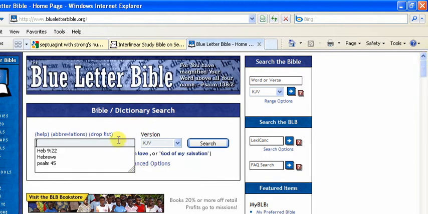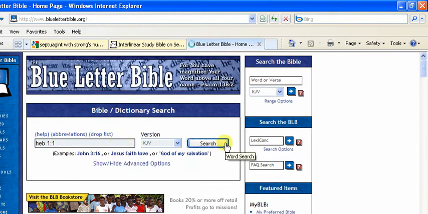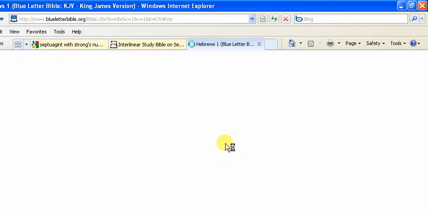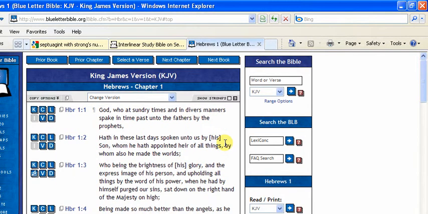Hebrews 1 verse 1. Search. Okay, sorry for that delay. So here we have King James Version. "God, who at sundry times and in divers manners spake in times past unto the fathers by the prophets."